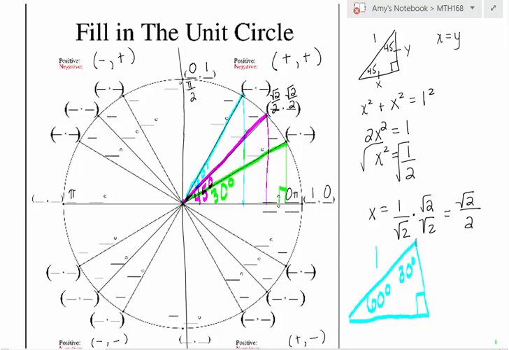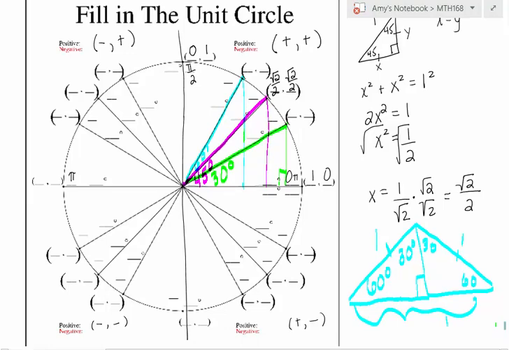Well, if I thought about, well, this is an equilateral triangle. Let's say this is equilateral. An equilateral, that would be 30, that would be 60, and this would be 60, right? So if this is an equilateral triangle, if this side is 1, then this side would be 1, and this whole side would be 1. Well, half of 1 is a half.